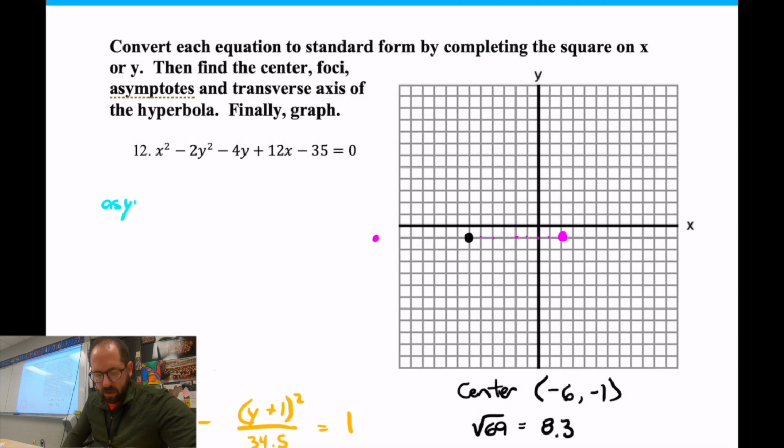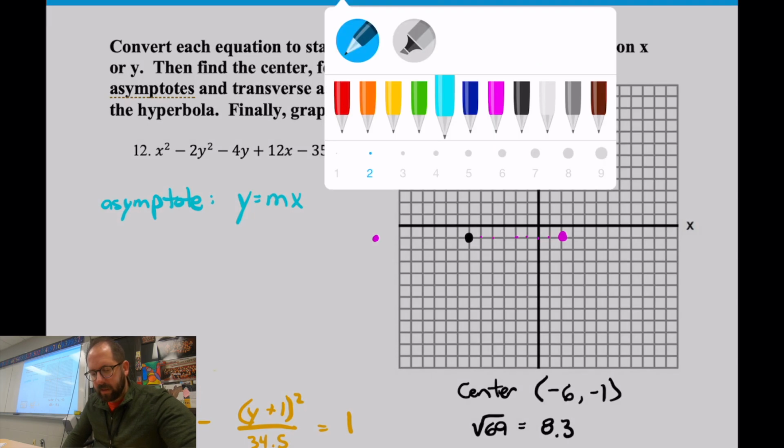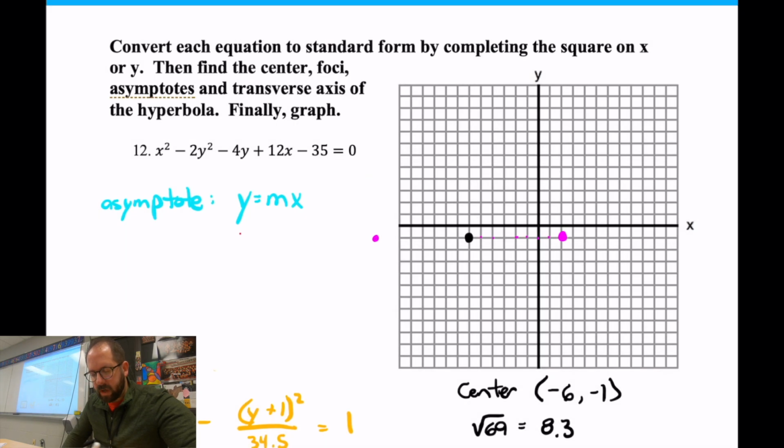So if you don't remember how the asymptotes work, it's going to be y equals mx, right? That's the normal formula that I use. So what is the number below y, and what is the square root of that number?